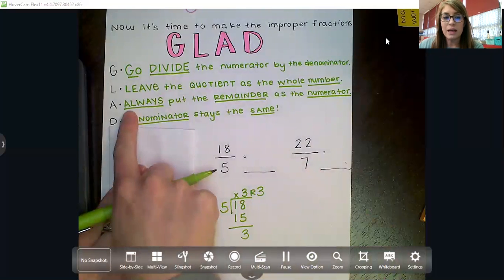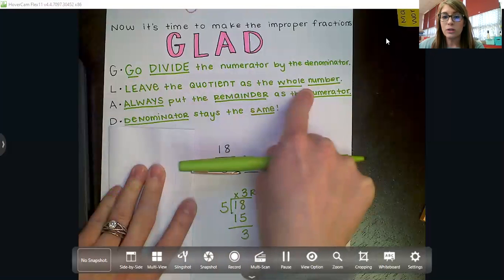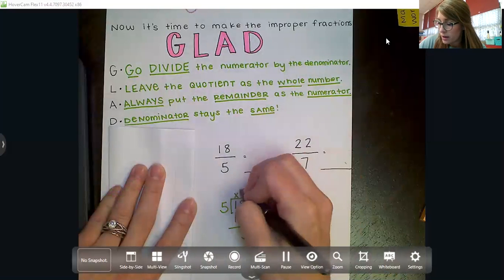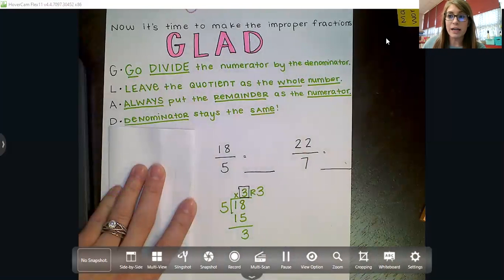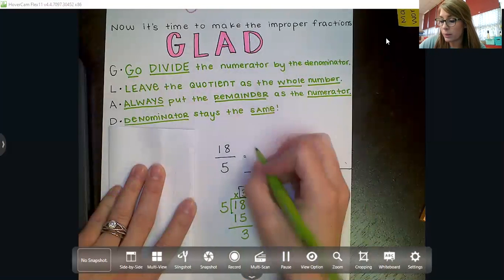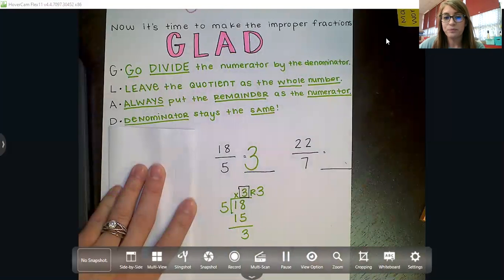So let's look at our next step. So it says, leave the quotient as the whole number. All right, here is our quotient. The number that is not your remainder is the quotient, okay? So we're gonna leave the quotient as our big whole number, okay? So I'm gonna go ahead and put the 3 big like that.